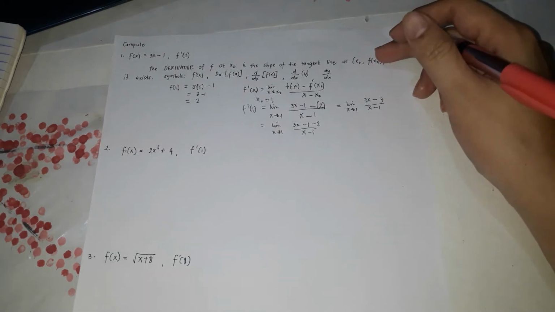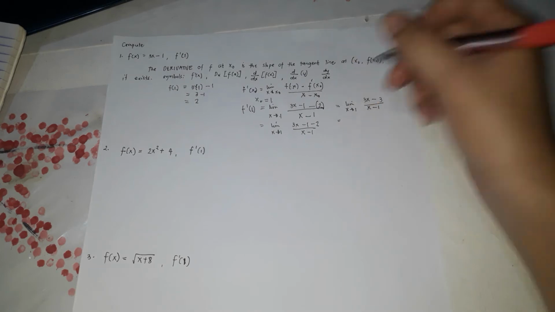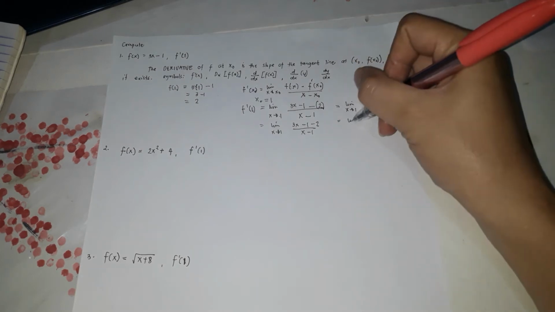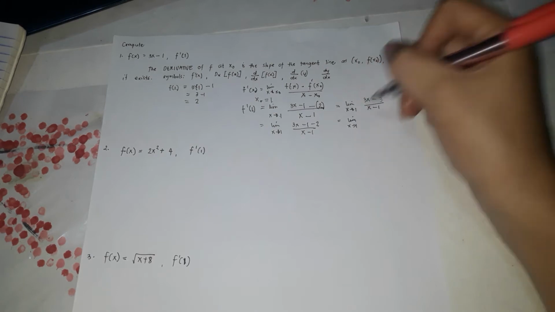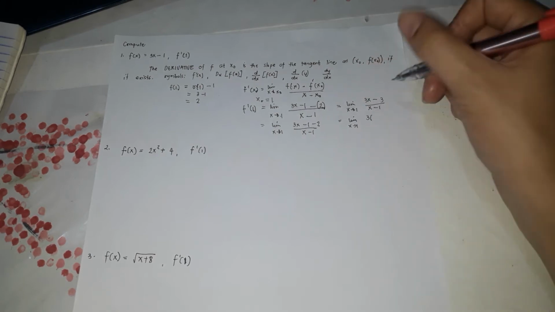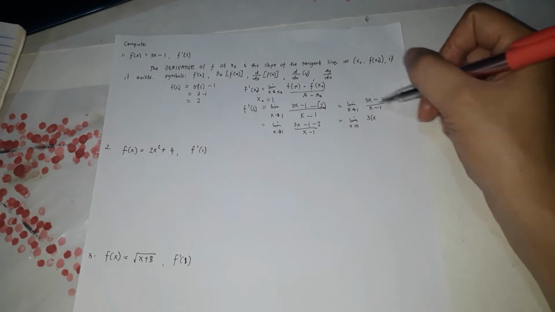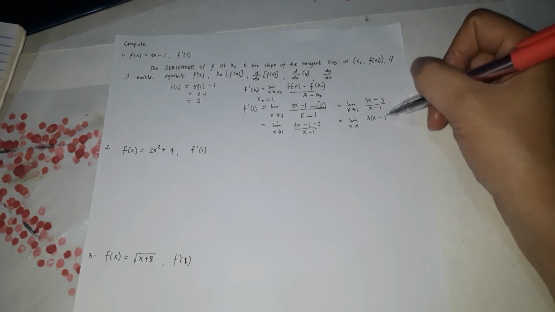If you can simplify something, you need to simplify it. In this one, we can factor 3x minus 3. As x approaches 1, factor out the 3 because 3 is common. What's left is x minus 1.